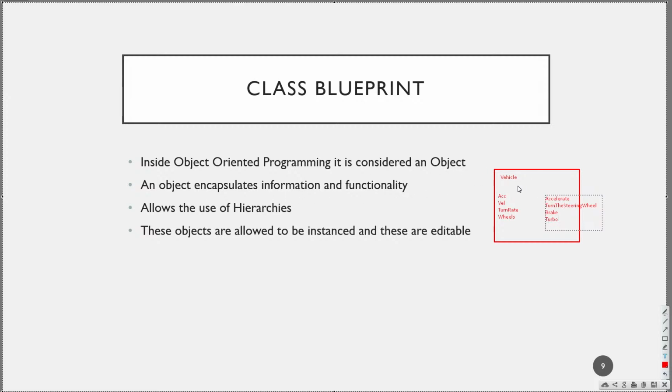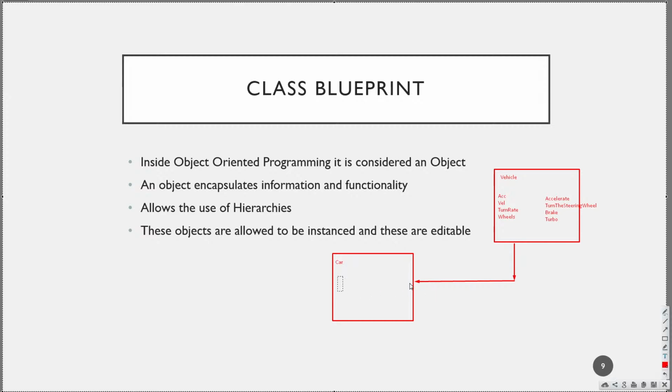In this way, we don't have to create this type of class more than once, because once we create an object, we can reuse it. And the fact that it allows us to have hierarchies is that we can create a child of this object. We can create a child that is called a car.